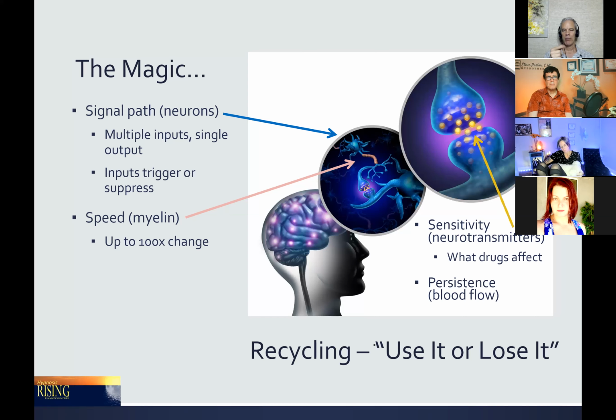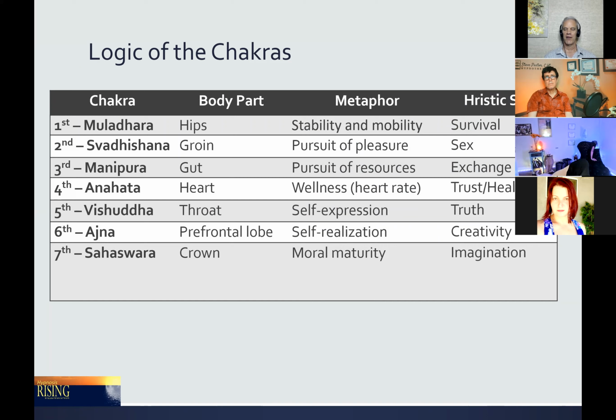So now let's look at the logic of the chakras. Given the way that the brain works, you're this poor little infant that's been brought into the world that is no longer providing you everything that you need automatically. You've got to negotiate with it. What are the problems that you have to solve? It's really interesting that they tend to ascend along the body when you just start thinking about the problems you've got to solve.